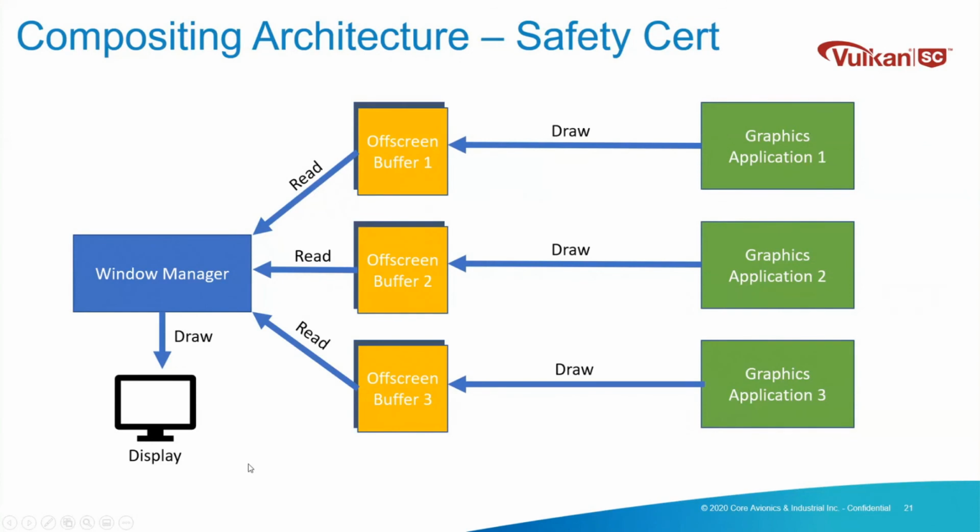So, compositing architecture. In a safety cert system, where many applications want to access the same display, we have a system called compositing, which was originally designed for FACE compliant architectures, whereby graphics applications can draw into frame buffers.